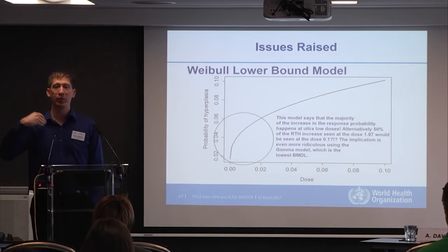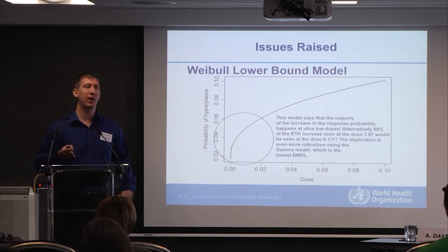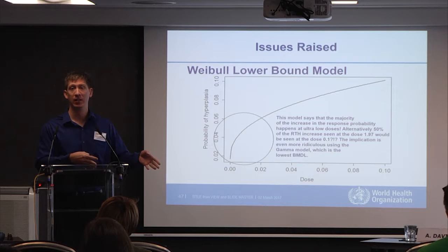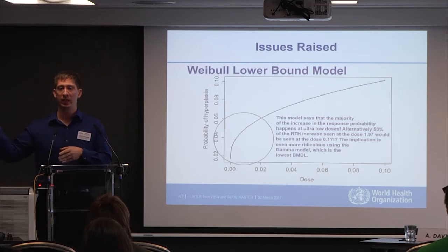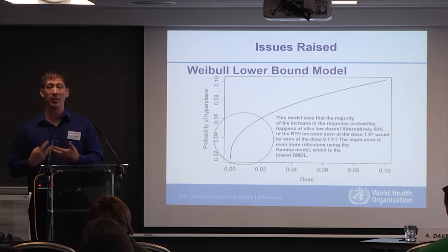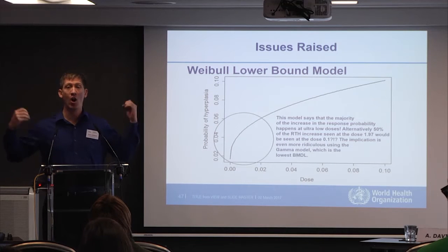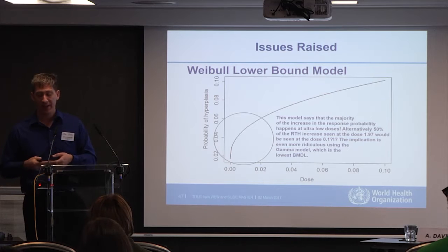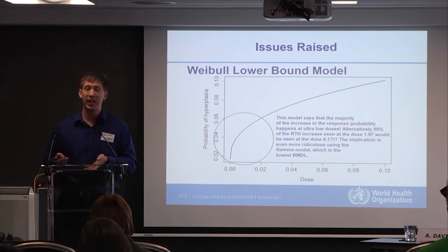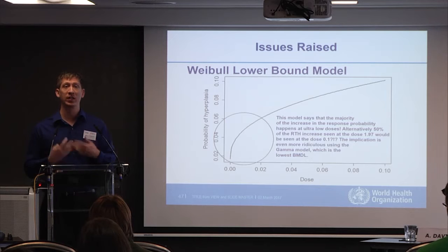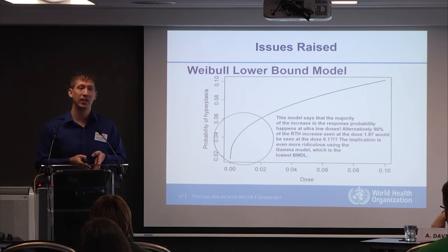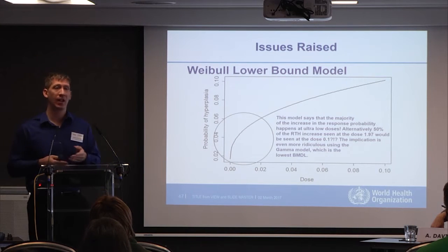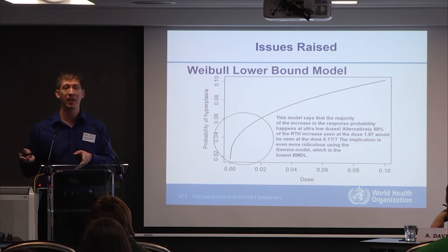So the majority of that response is happening very early, and then after that, it slowly increases. That's what the lower bound model is actually saying. The implication is that this chemical is incredibly dangerous early at low doses, and that's where we're seeing all of our response. And after that, other biological processes kick in, and it doesn't really matter too much.